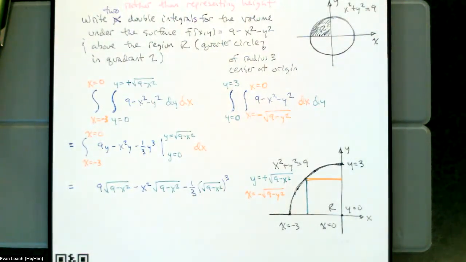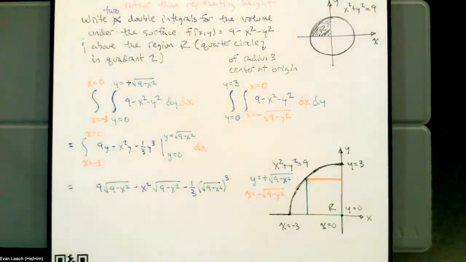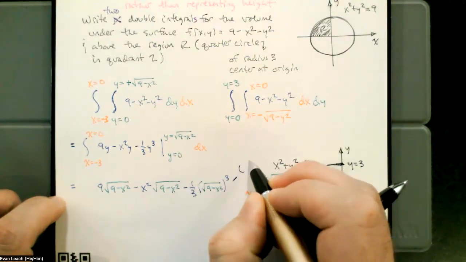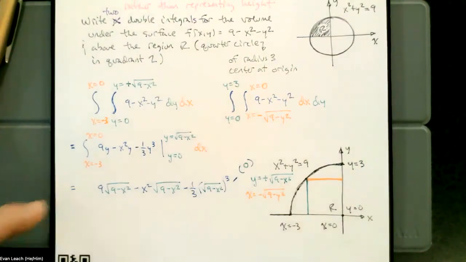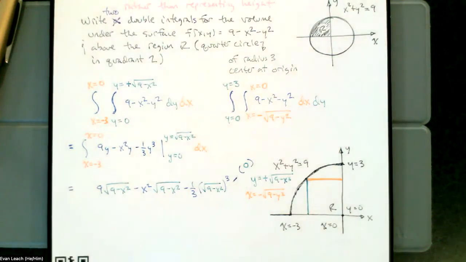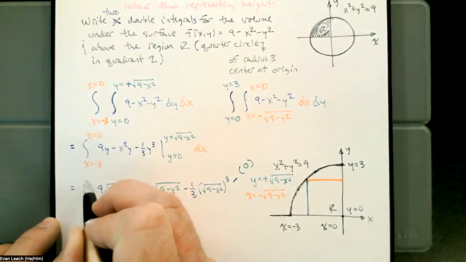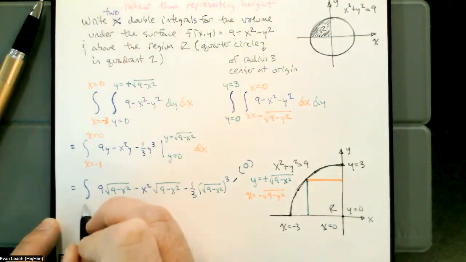So minus 0. All three terms zero out when we plug in the 0. So right now you're looking at this and saying, well, this doesn't look too bad, but I haven't written down everything we need to write down, because this is what we're integrating dx from -3 to 0.